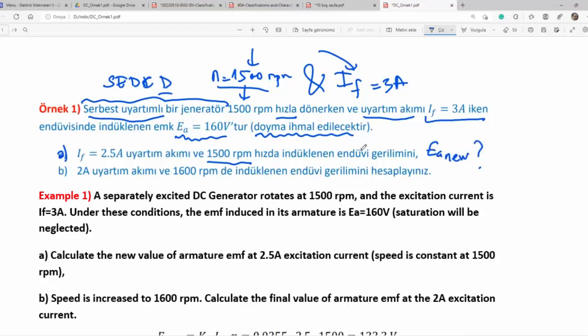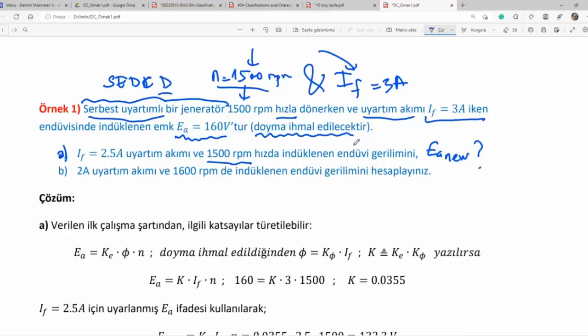The machine must be linear and there must be no saturation. You should assume that the machine is acting linear and without saturation. Otherwise, you cannot solve this problem.